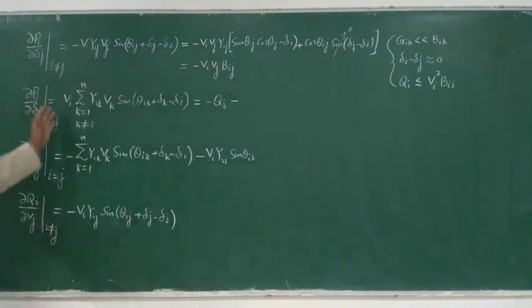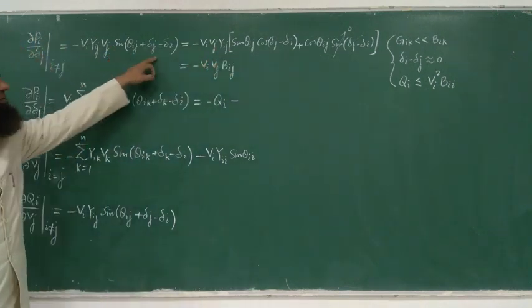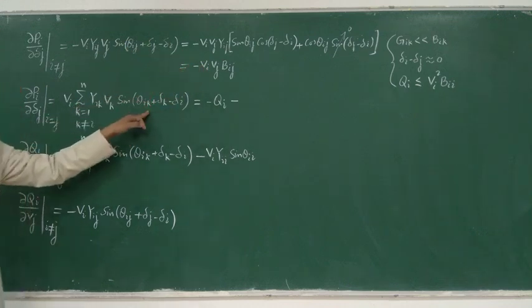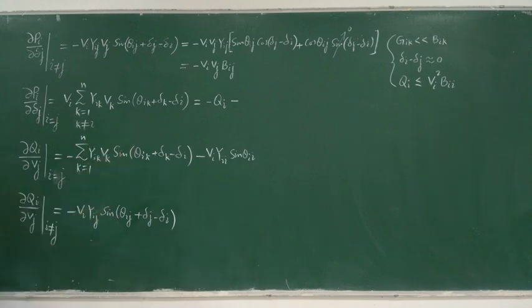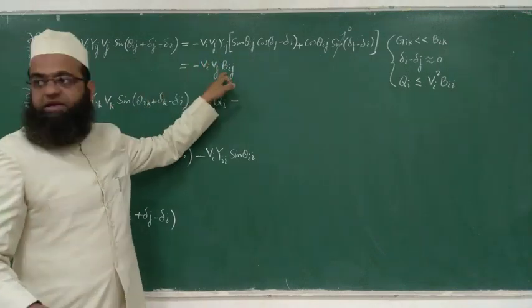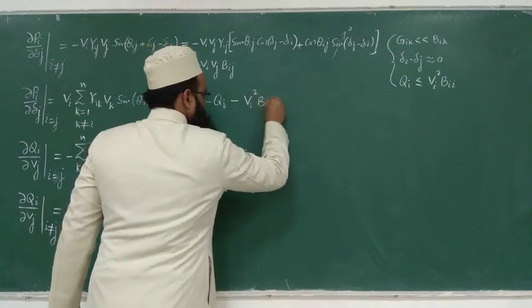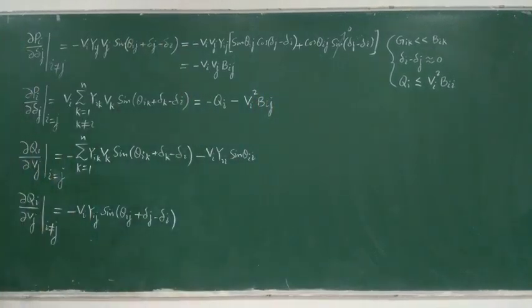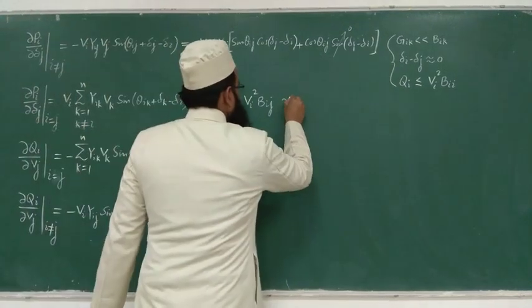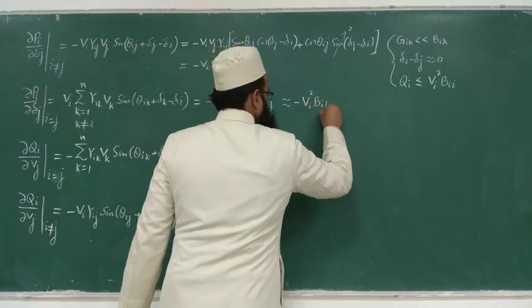For this, what do we get? Again the same term here, sin of this, and again the second term will vanish. So what do we write? Minus Qi minus Vi square times Yij sin theta ij, which is nothing but Bij. So that will be nearly equal to minus Vi square Bij.